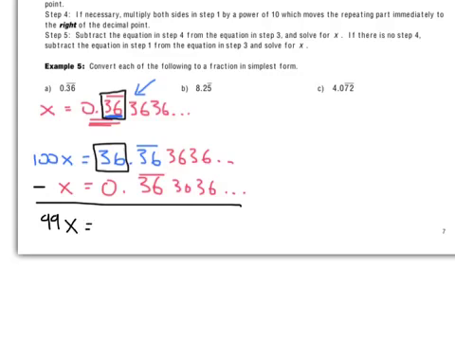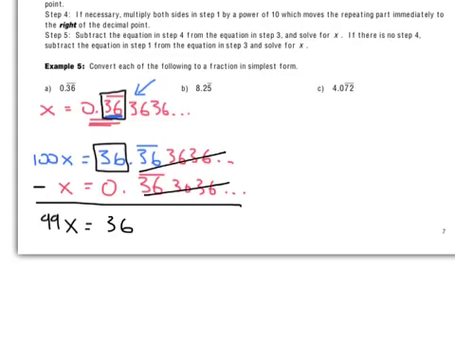And then I have 36.363636 minus 0.363636, and what I end up getting here is 36, because this whole side over here cancels out, because if I just subtract one from the other, they're the exact same thing.